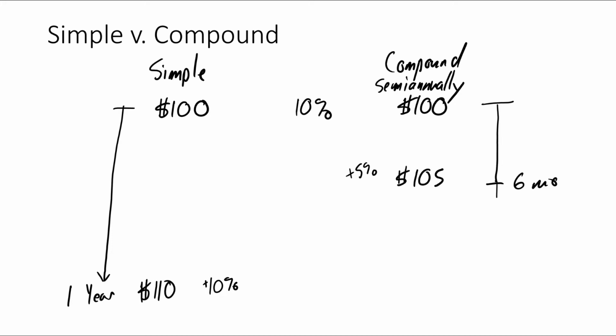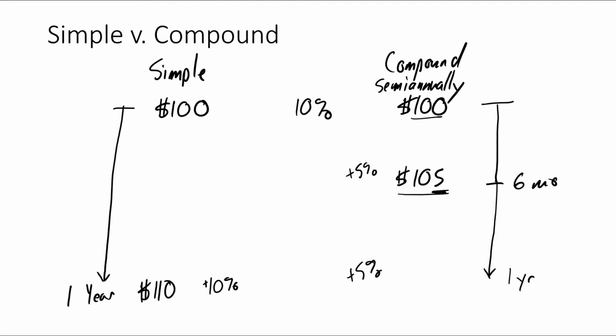And then the account will go the next 6 months, and then we'll be at the 1 year mark. And so then at that point, the other 5% is added. But now when that other 5% is added, that 5% is not calculated on the original $100. It's calculated on the $105. Now this doesn't make a huge difference. It adds an additional 25 cents because of the interest on that extra $5.